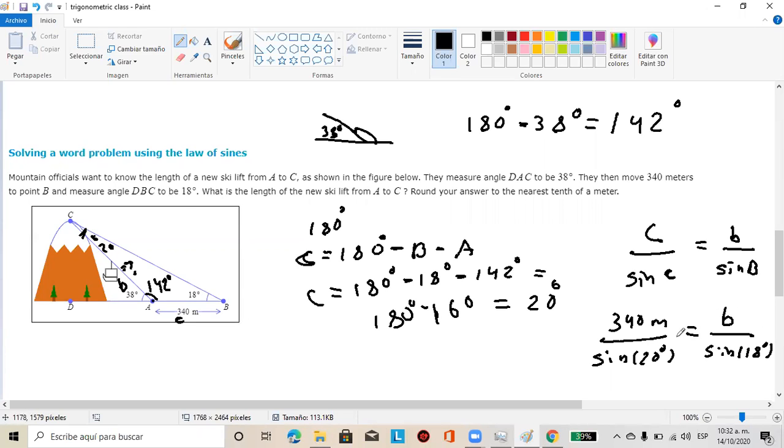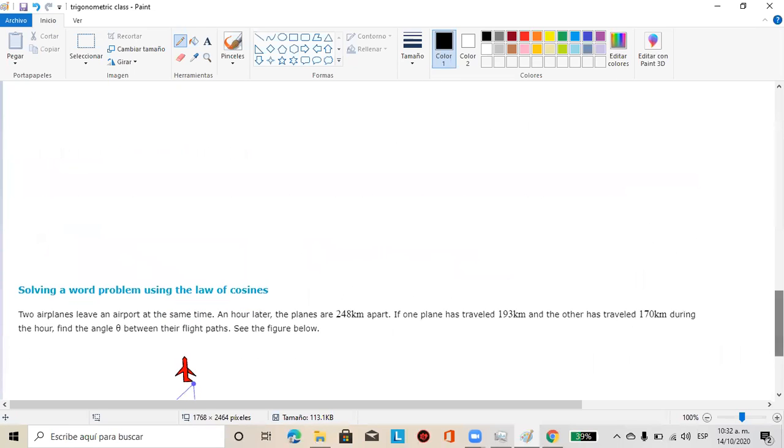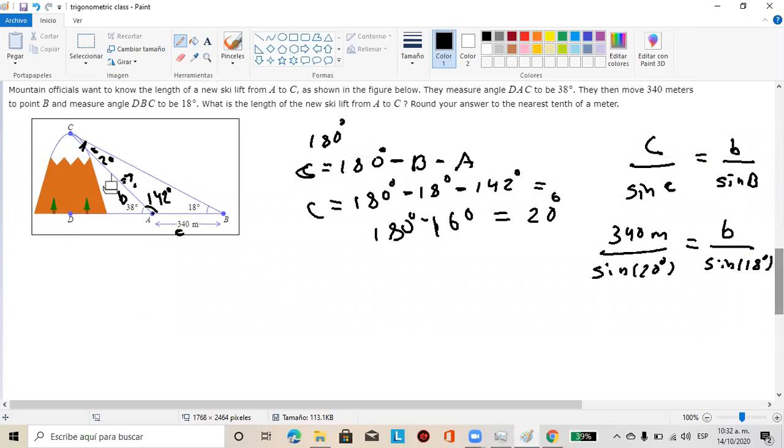So now we just solve this, using the cross product.